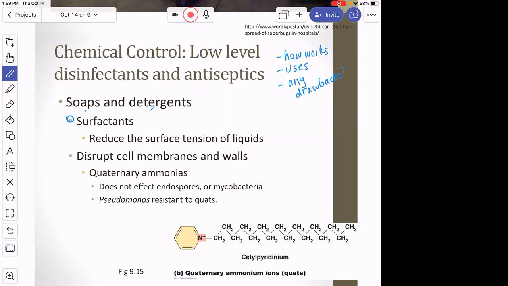Okay, so kind of keep molecules from being attracted to each other. So they're good at decreasing the attraction between molecules. That's what I'm trying to say. They are particularly good at disrupting cell membranes and walls. Right? So something, again, like a soap, that's a surfactant.